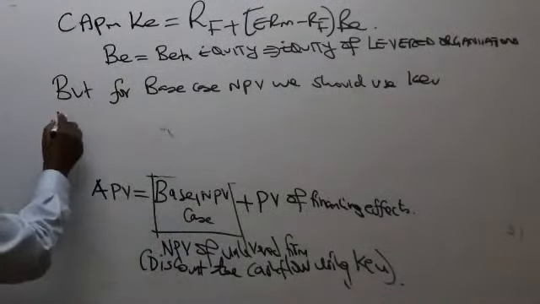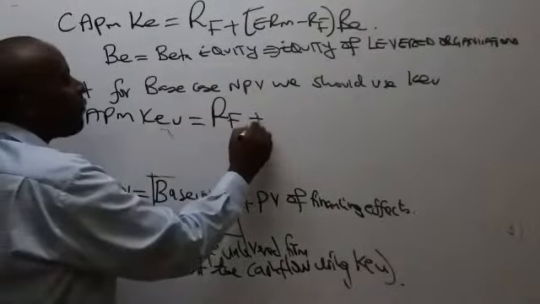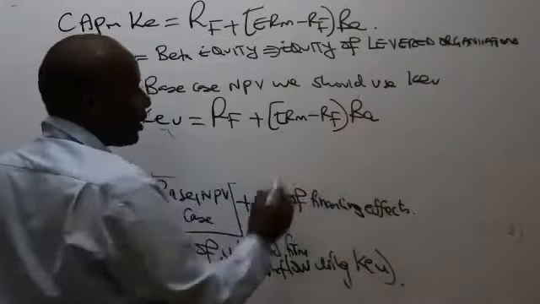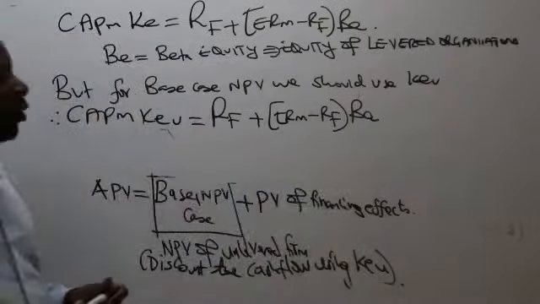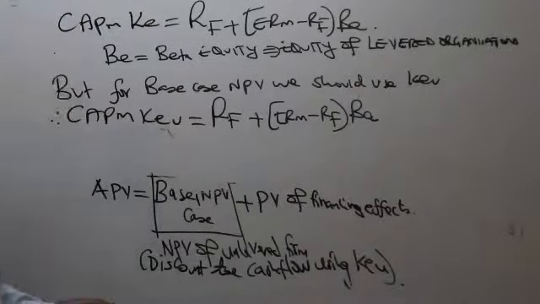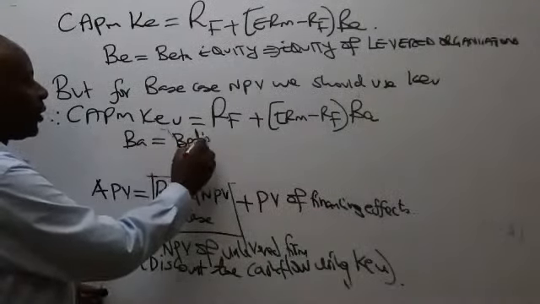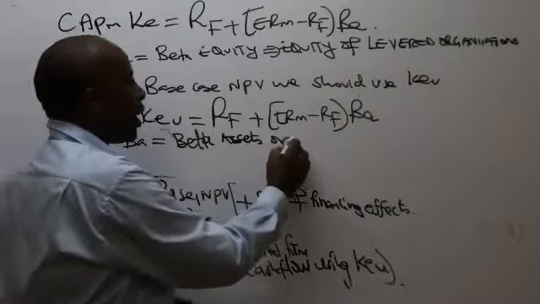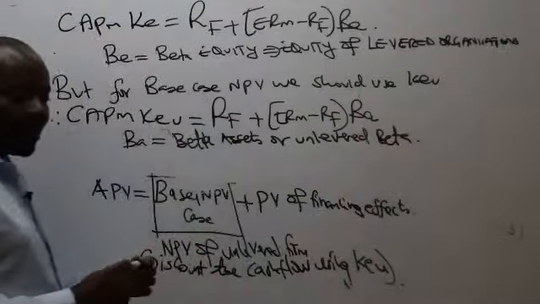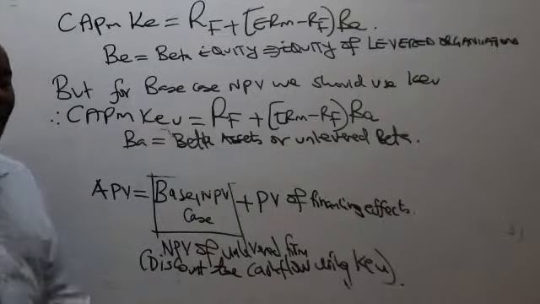Therefore, our CAPM KU will now be equal to RF plus ERM minus RF, but now multiplied by BER, where BER stands for beta assets, or unlevered beta.